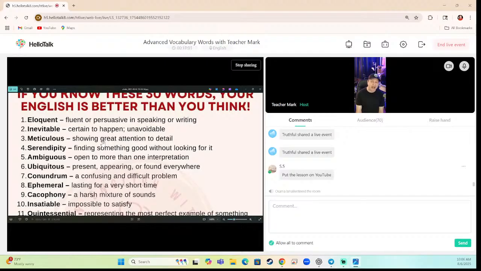Eloquent is a noun in this case, right? Or no, it's an adjective. Sorry, not a noun. But when you add a ly to it, eloquently, now it becomes an adverb, not an adjective, right?